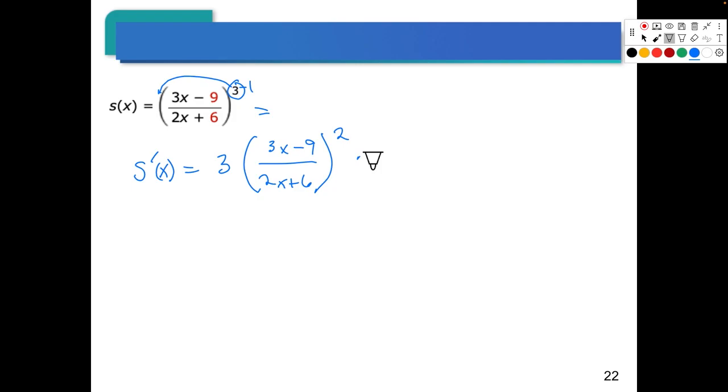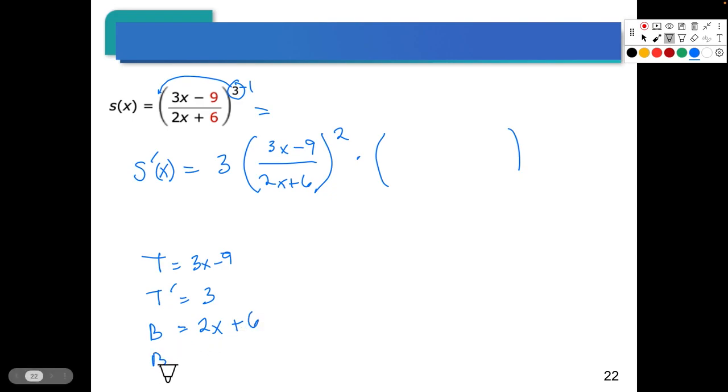A little practice. This one I'm going to write here when I'm done, but I'm going to do some scratch work here. I've got a top part, which is 3x minus 9. And I need to take the derivative of the top part. What's the derivative of 3x minus 9? 3. Good. I've got a bottom part, which is 2x plus 6.